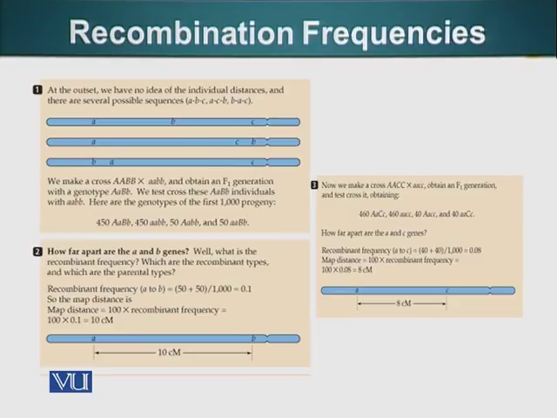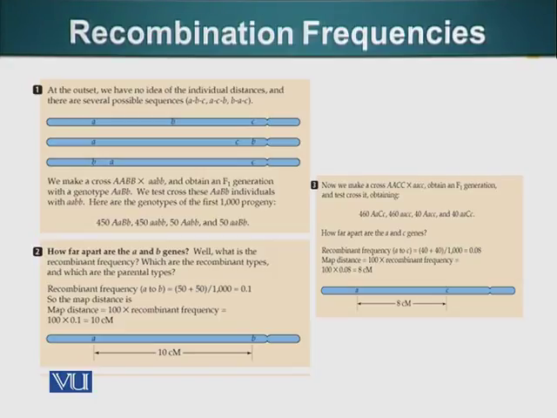The way we calculate their frequency is, as I have mentioned, we add the recombinant phenotypes, which is 50 plus 50, and divide by the total number of offspring, which is 450 plus 450 plus 50 plus 50, equal to 1000. So the recombinant frequency is 0.1.